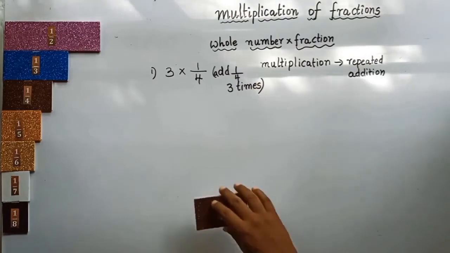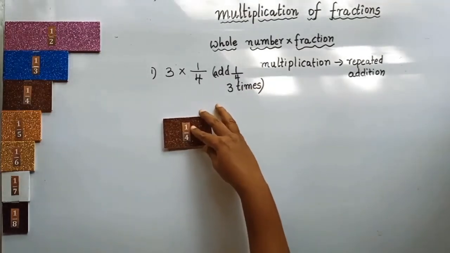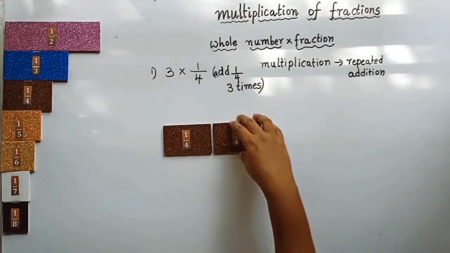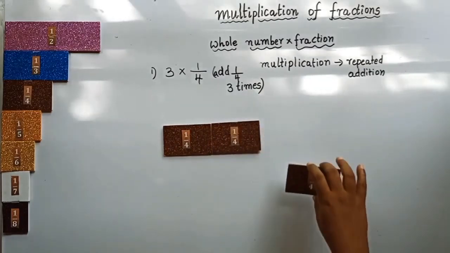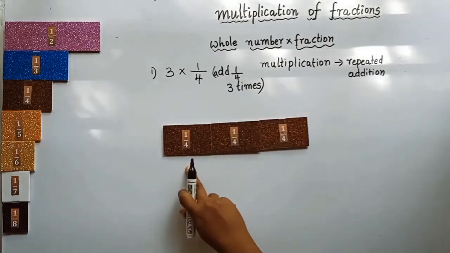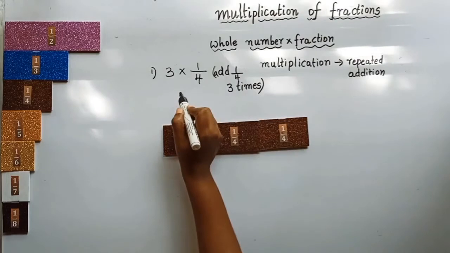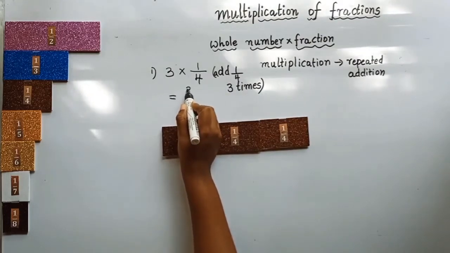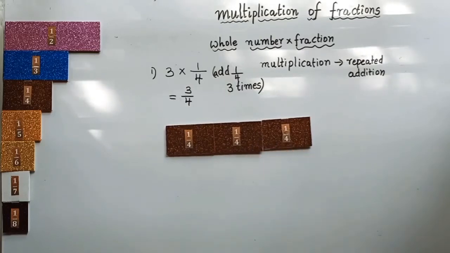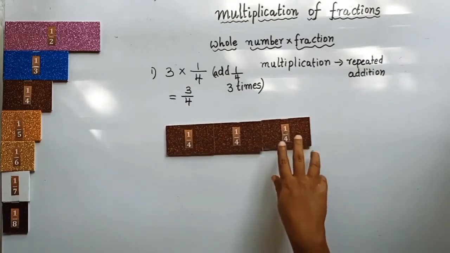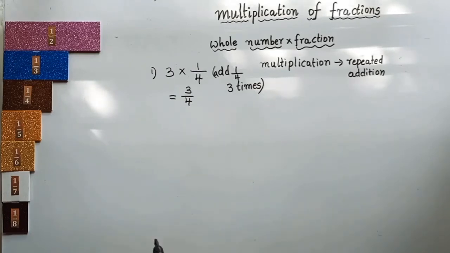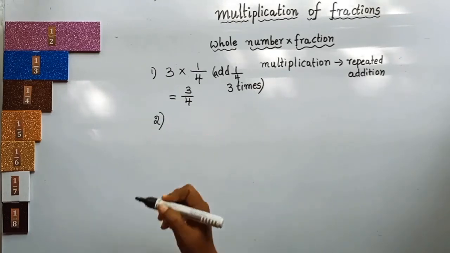Now we have to take 1 by 4 3 times. It looks like this. Now add this. 1 by 4 plus 1 by 4 plus 1 by 4 is 3 by 4. So 3 into 1 by 4 is 3 by 4.